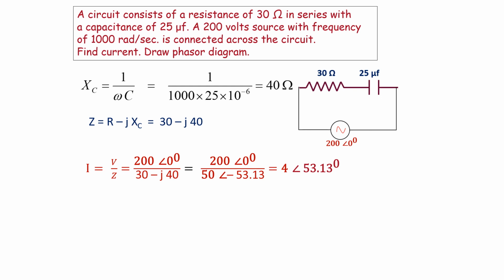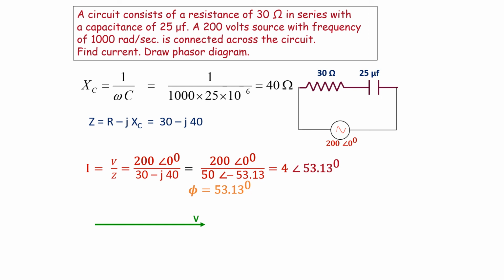By doing that, you will get it as 50 angle minus 53.13. By doing this division, you will get the current as 4 angle 53.13 degrees. The angle is represented by phi equal to 53.13 degrees.